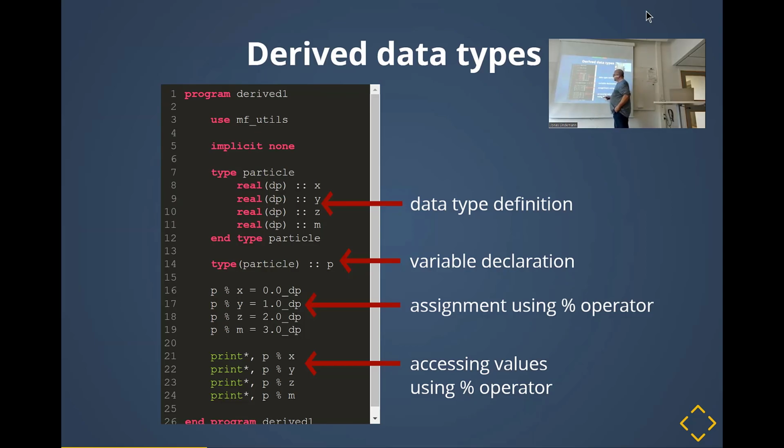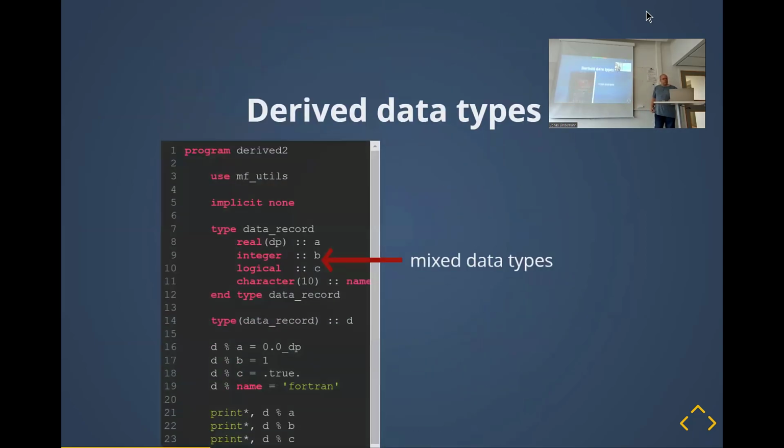So %Y, %Z, and I can assign them individually. And I can print them out like this as well. I don't know why they didn't use the dot operator here, probably because they didn't have any other character. We couldn't use the dot because it meant something else. So this is a way of declaring your own data types.